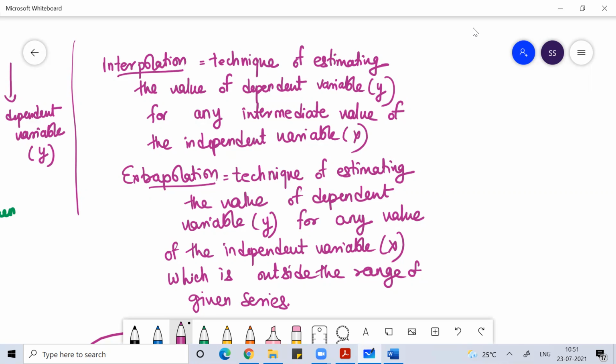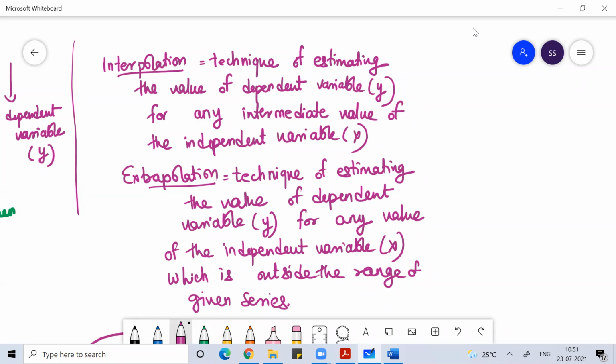So we assume uniformity in the array of data. Next, we assume there should not be any sudden jump in the values of the dependent variable from one period to another. Again, we expect uniformity in the data, because if there is uniformity, then only we can estimate the value easily, and the logic of estimation makes sense.